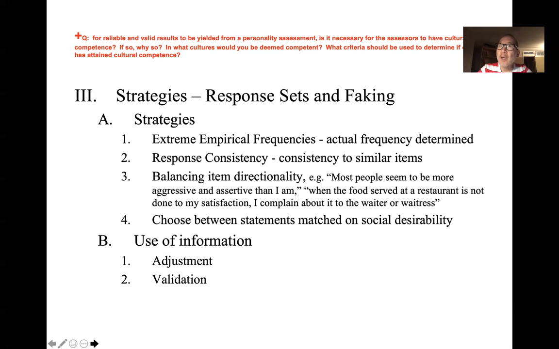So you want items that go in different directions, because if the person is engaged in the test and answering genuinely, as they would think or behave, they should be answering in different directions if they are unassertive: true in the former, false in the latter.